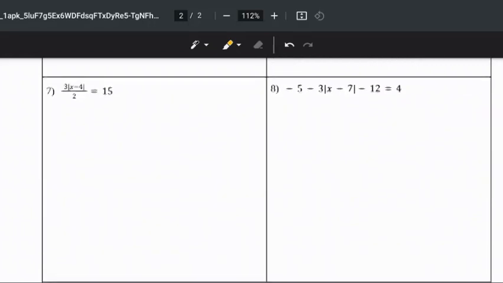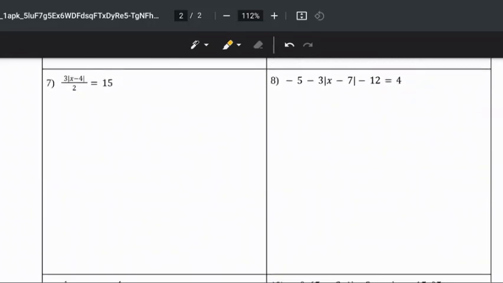Okay. All right, let's take a look at another different example, example number 7. I'm going to rewrite this to give us a little bit more space to work with. Okay, so whenever we have the entire side of an equation on top of a fraction or above another number, we want to get rid of that denominator.